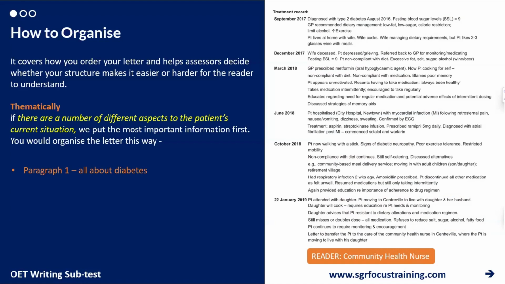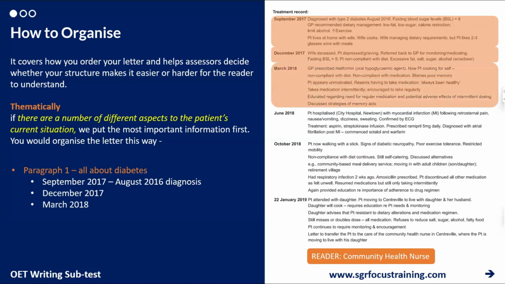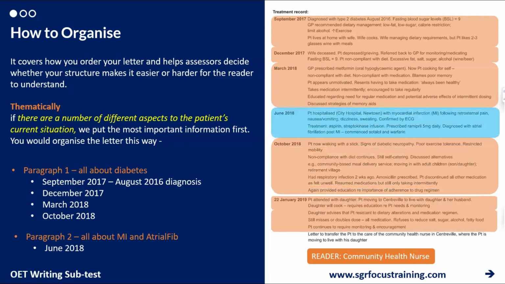The first paragraph covers the patient's diabetes and non-compliance with his medication, as per the purpose of the letter, which is to write a letter outlining the patient's medical history and requesting ongoing monitoring. The second paragraph basically talks about the heart attack and the atrial fibrillation, okay?